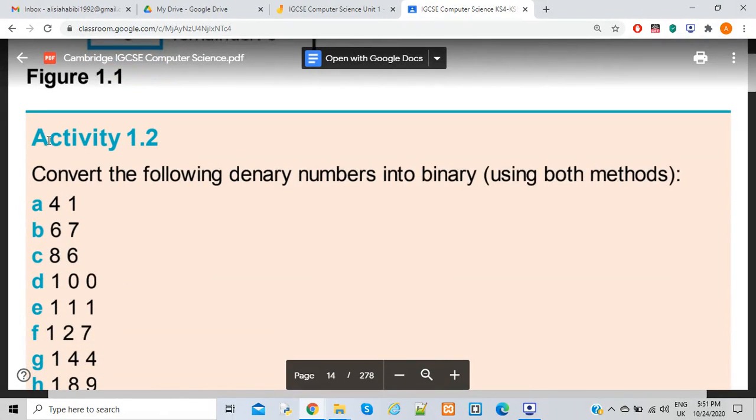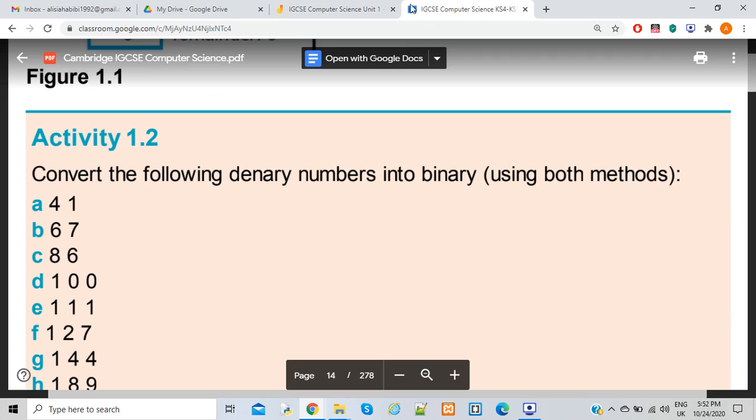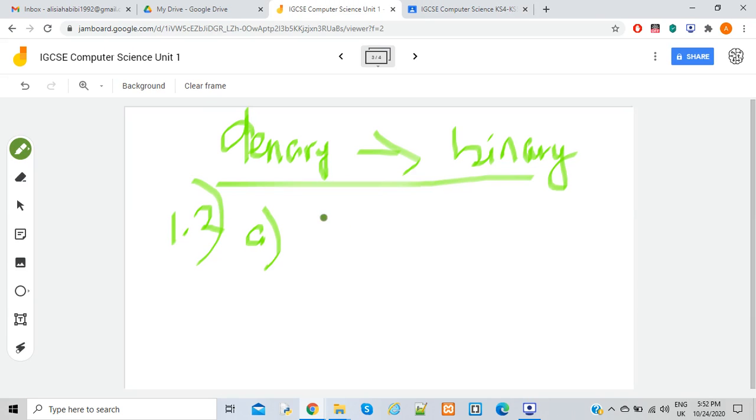So we're going to do activity 1.2 and we're going to take the first example. So activity 1.2, we're going to go by example A. If we wanted to convert this number 41, which is a denary number, into binary, what can we do? So what are the steps? The steps are, you must write out the powers of 2, starting from 2 to the power of 0, as we saw before, up to 2 to the power of 7.